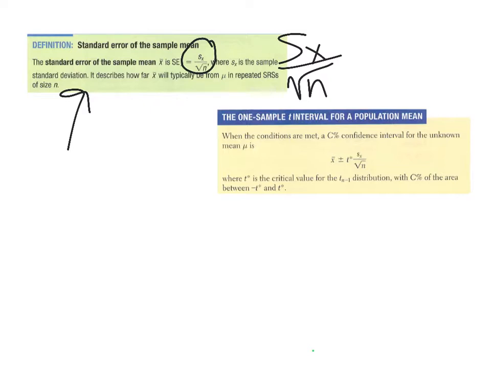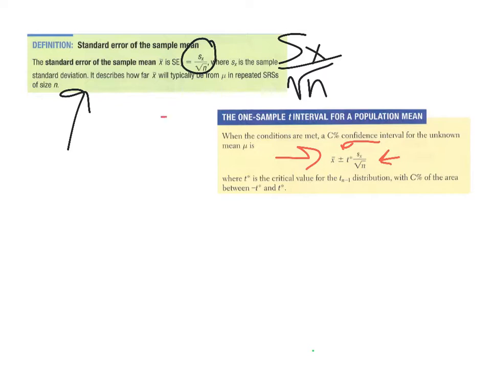So when we construct our confidence interval, it's going to be the same as it was before. We're going to take our statistic, which in this case would be the mean from our sample. We're going to take our critical value, which is going to use our t-distribution, and we're going to multiply it by the standard deviation of the statistic.